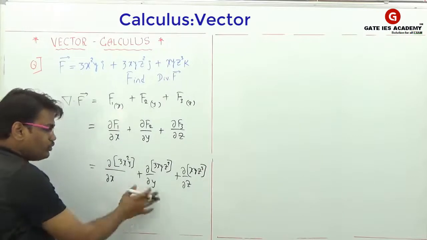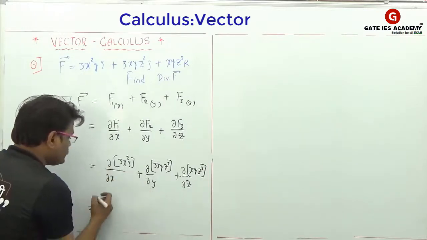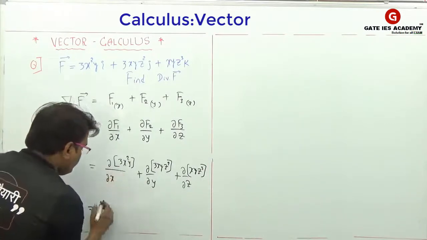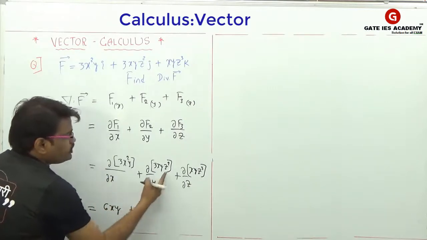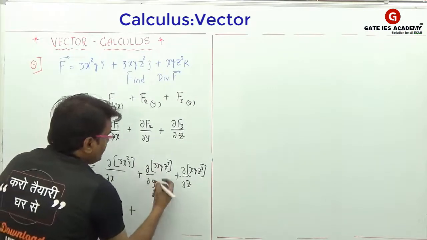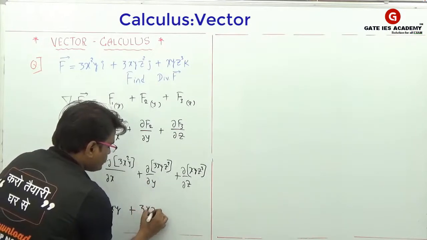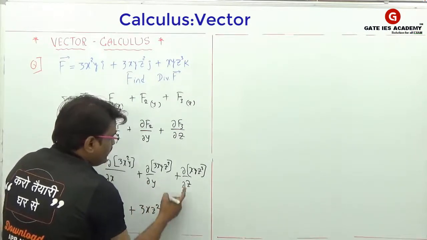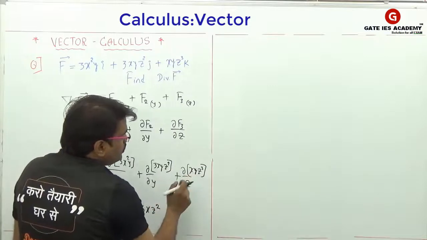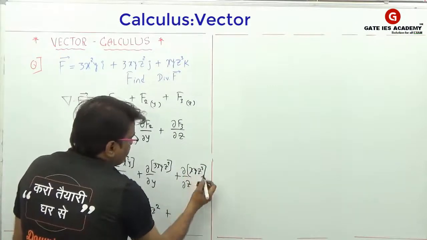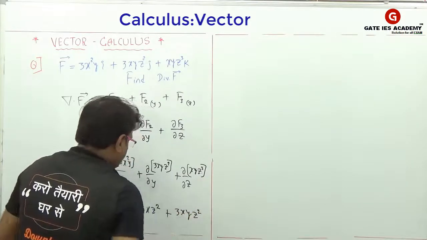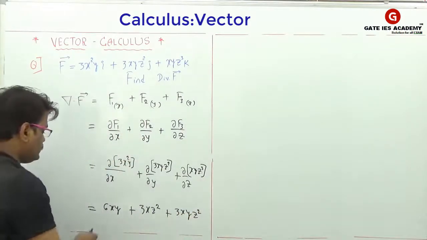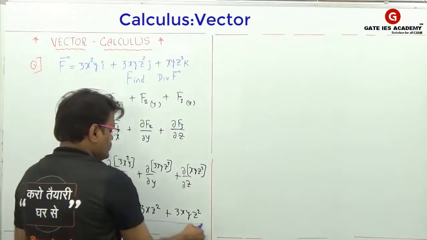Right? So now you can easily differentiate. With respect to x, what will it be? 6xy. With respect to y, it will be 3x z square. And differentiate this one with respect to z alone, 3xyz square. So finally, this will be the answer. That is the divergence.